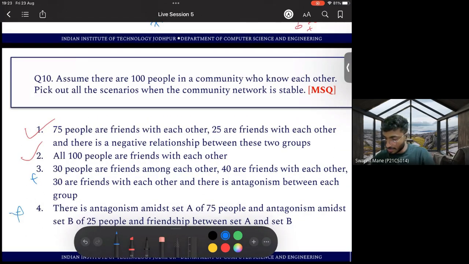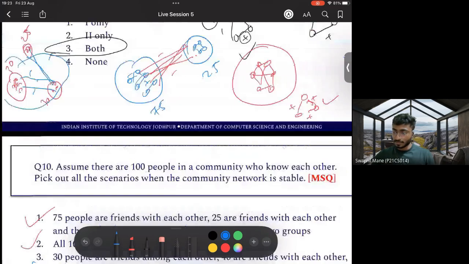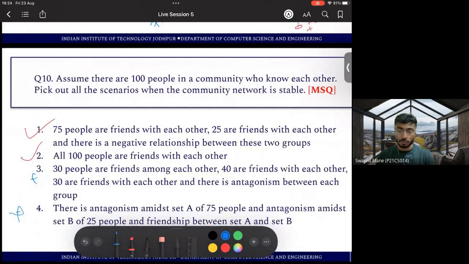Another example, the last one: there is antagonism within set A of 75 people, antagonism within set B of 25 people, and friendship between them. This statement is the opposite of the first option.